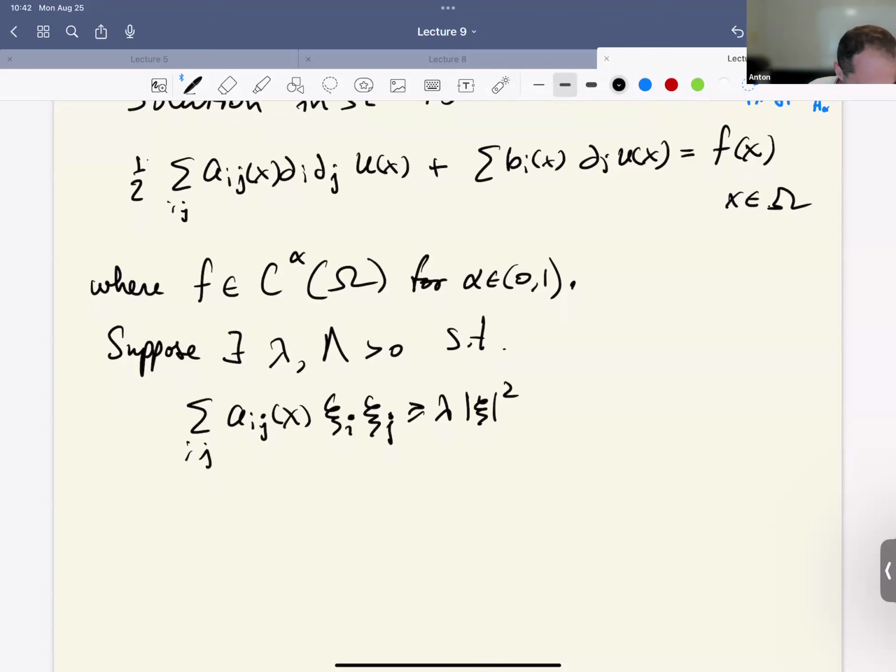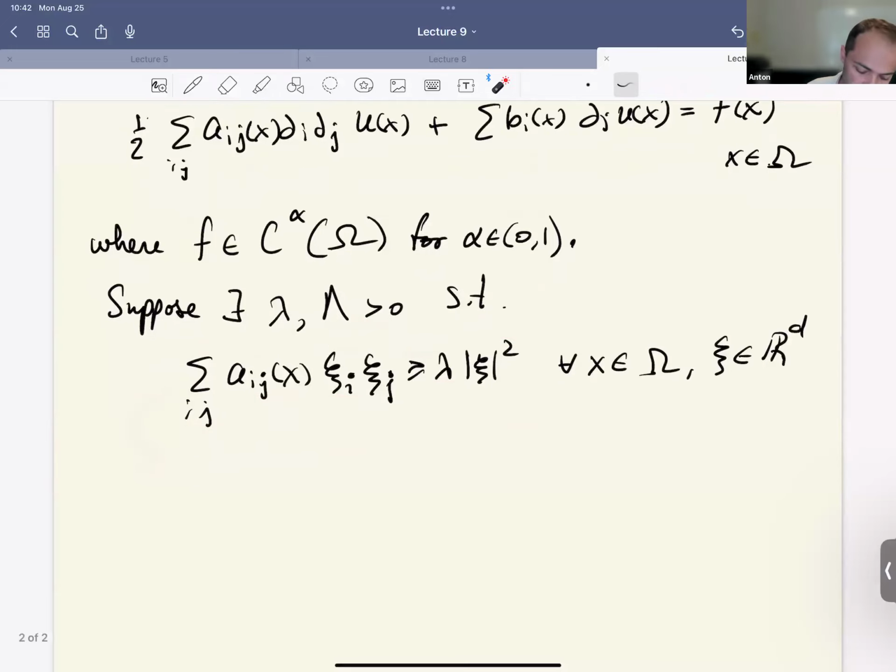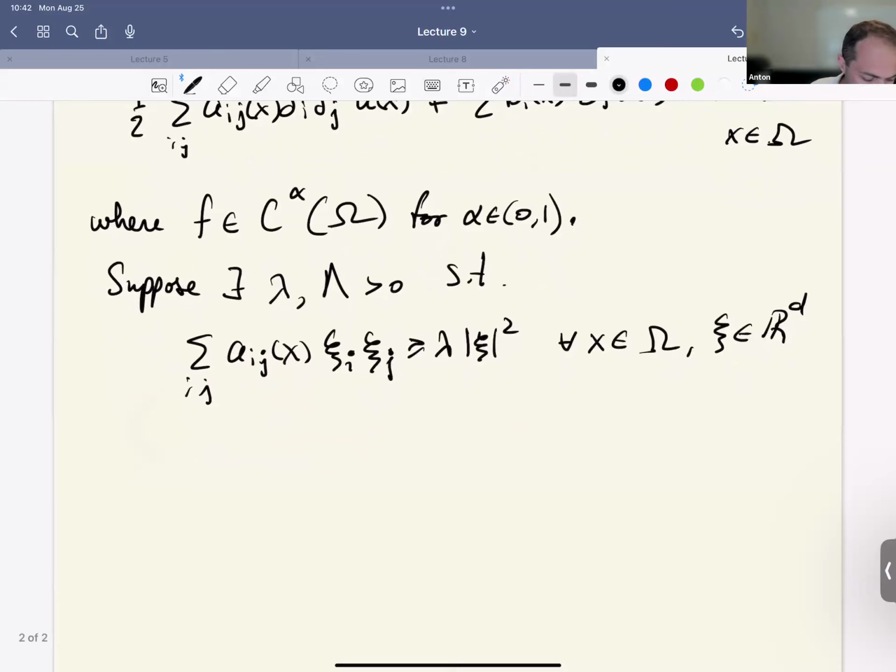This is for all x in my domain omega, for all real valued vectors xi. This condition is basically the positive definite condition. It says that the smallest eigenvalue has to be bigger than zero. That's another way to interpret it. So if we're talking about diffusion processes, this is satisfied a lot of the time, not all the time.